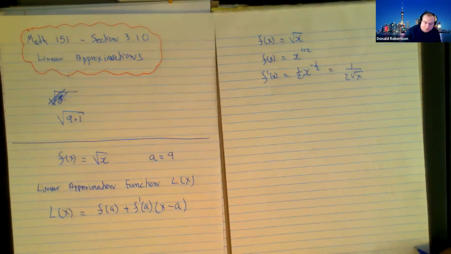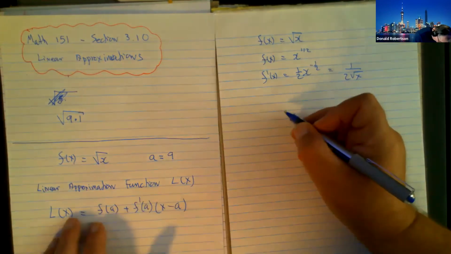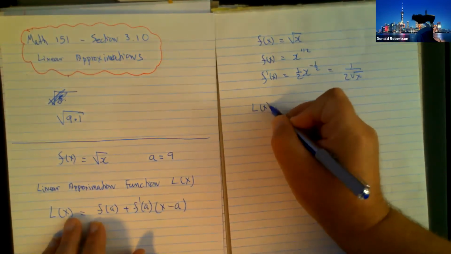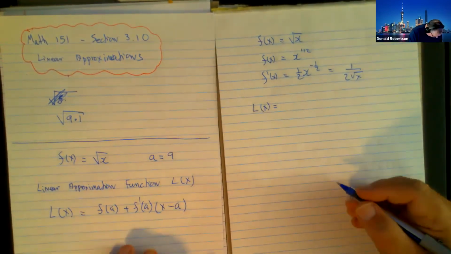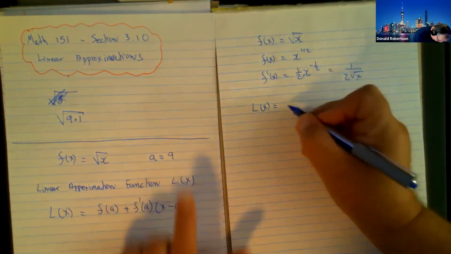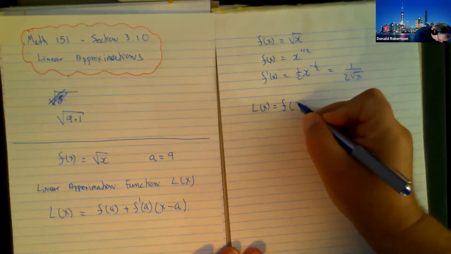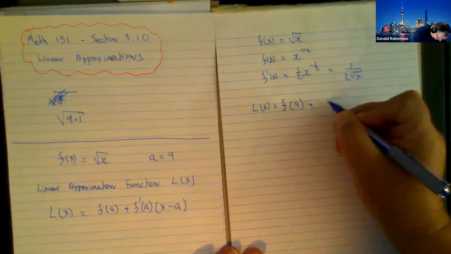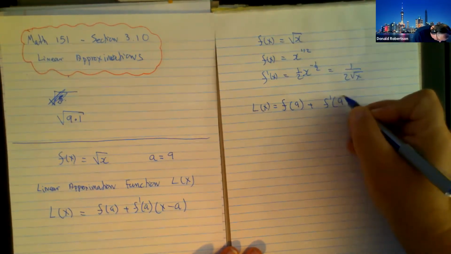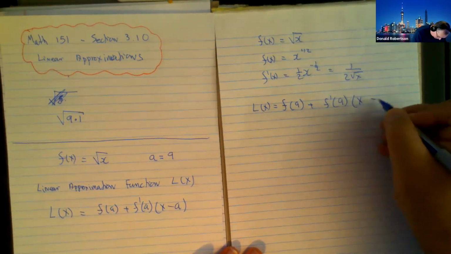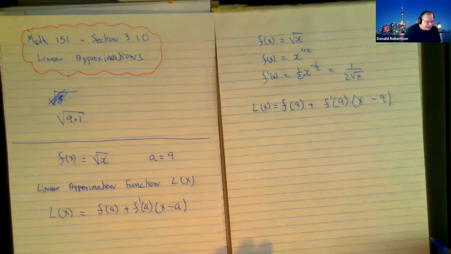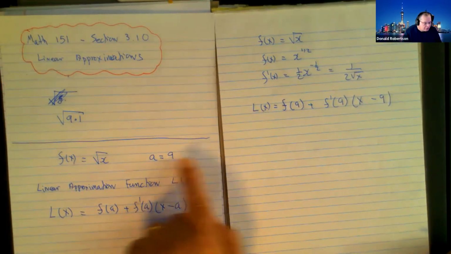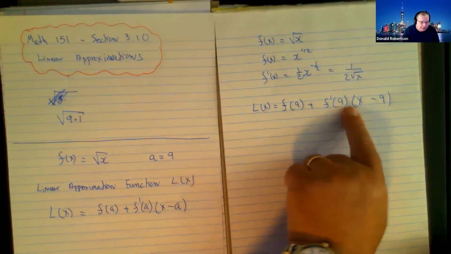Style points. So the linear approximation function is going to be using 9. It's going to be the value of the function at 9 plus the derivative at 9, x take away 9. Do you see a is 9 in this case? Right? 9, 9, and 9.